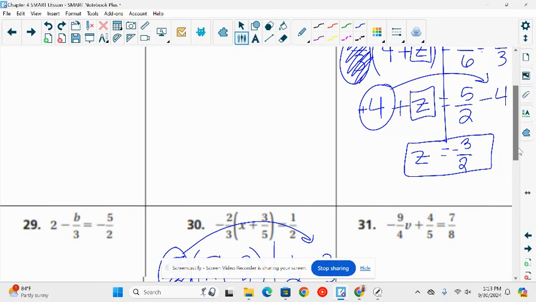So that's a negative. Flip it as a positive. It's not messed you up.